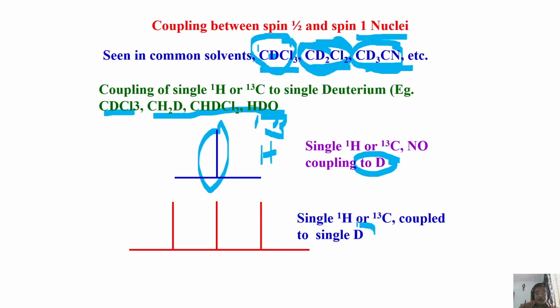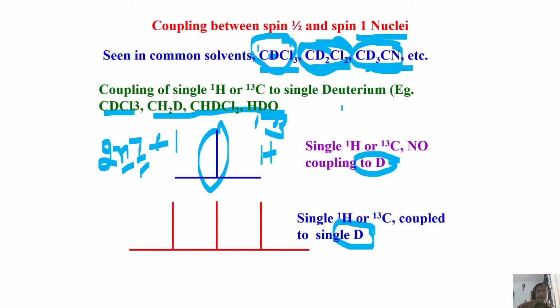Because deuterium has spin 1. When it is spin 1, you put it into that equation 2nI plus 1, then simply you will understand how many peaks you are going to get. n is equal to 1, I is equal to 1. What you will get? 2 plus 1, 3 peaks, and of equal intensity. This is the advantage. In the case of deuterium, of course, we also have a Pascal triangle for this. I'll show you when we go ahead later.